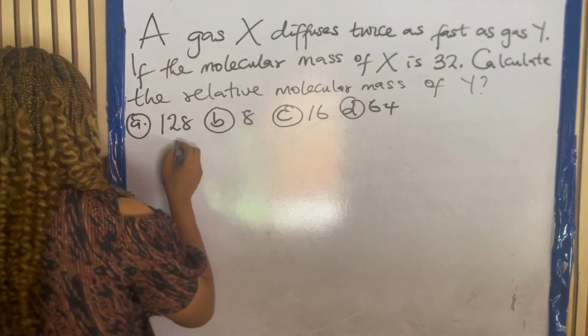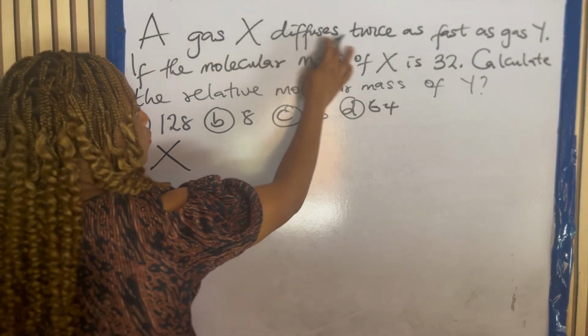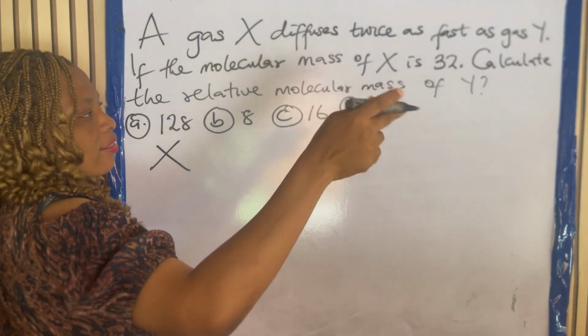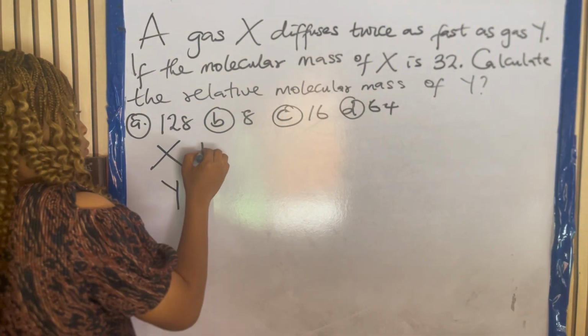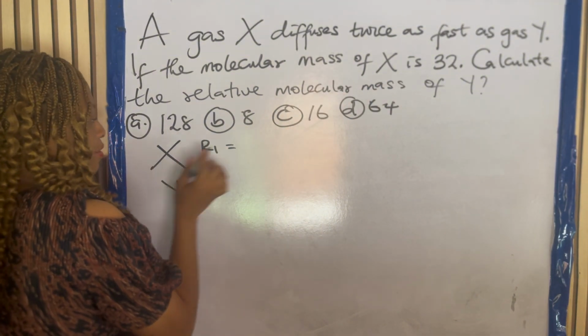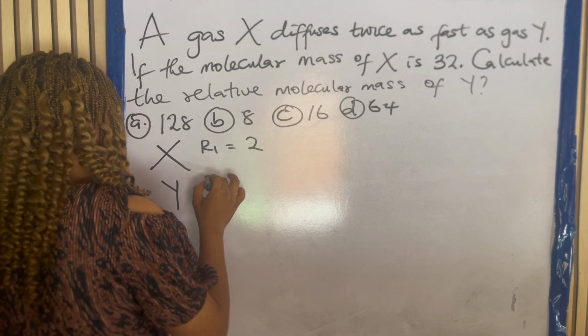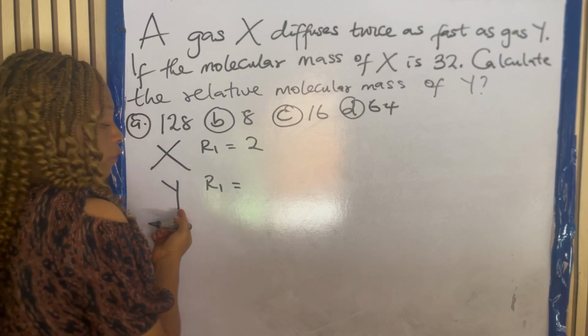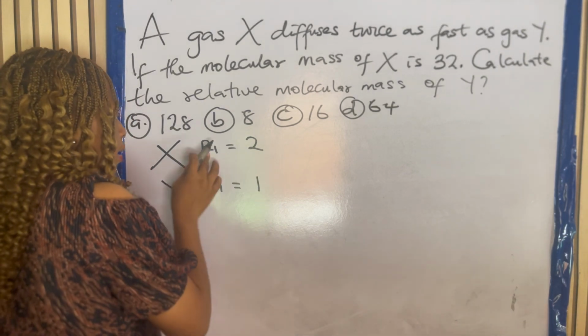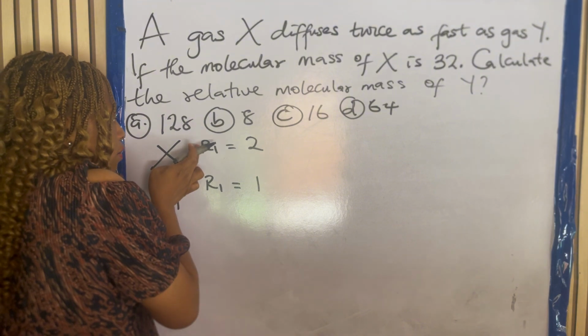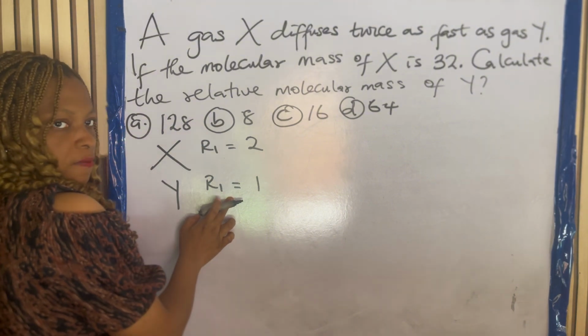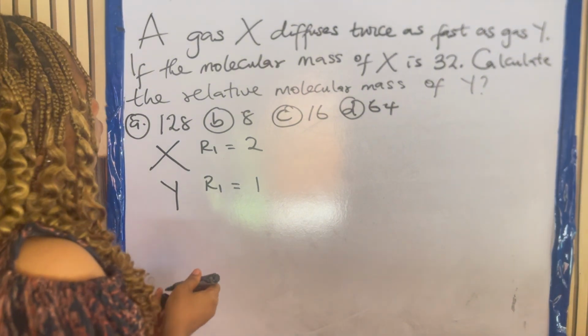Gas X diffuses 2 times as fast as gas Y. So the rate of diffusion of gas X is twice the rate of diffusion of Y. So the rate of diffusion of Y will be what? 1, because this is 2 times whatever this is. Are we together? Okay.